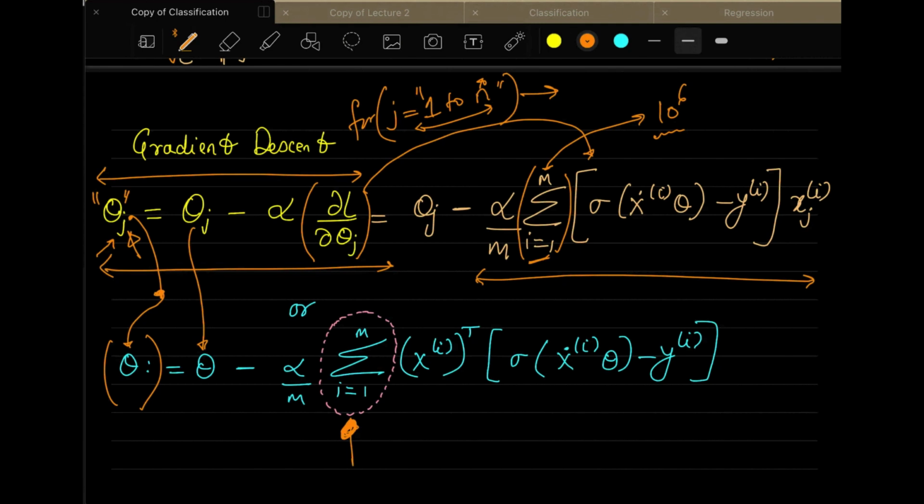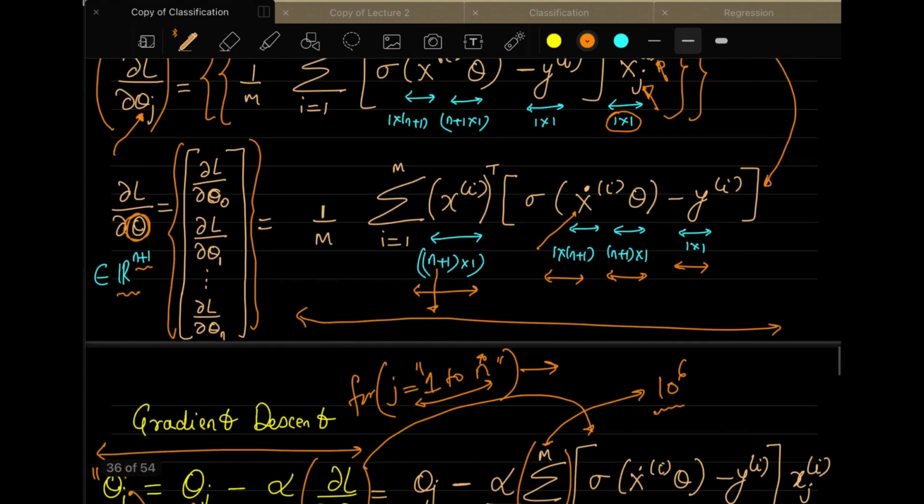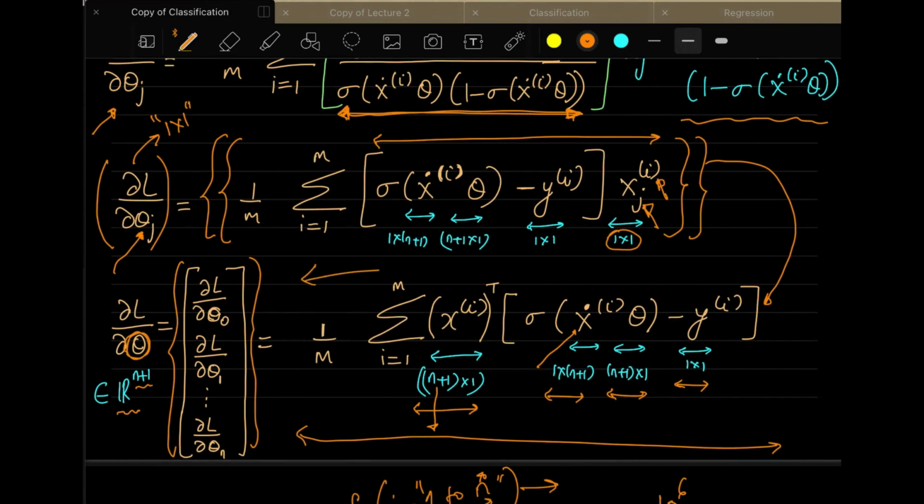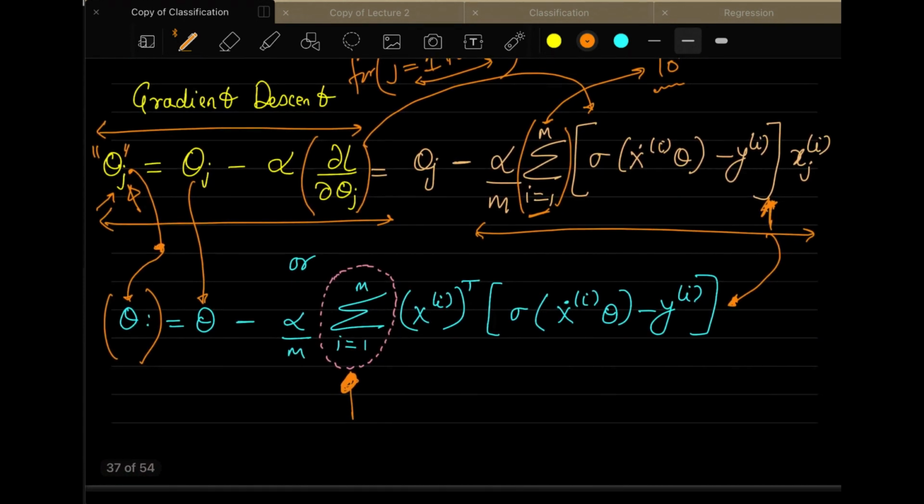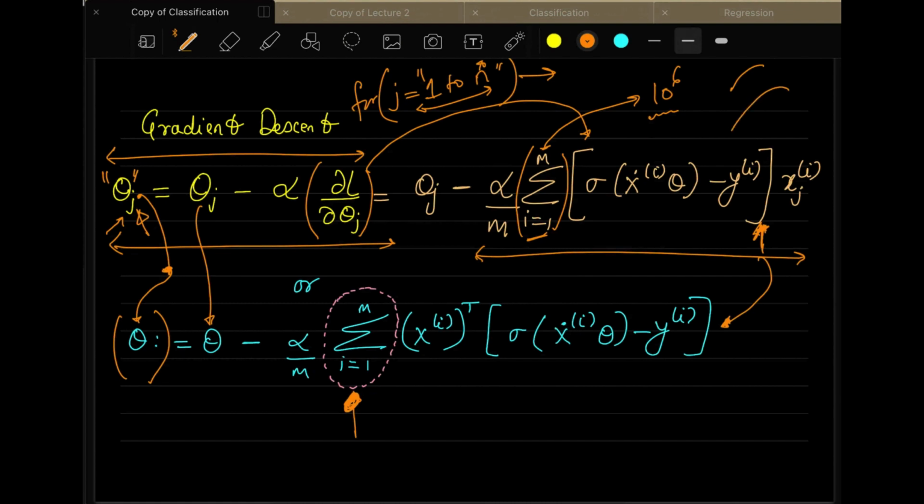So this equation at the top is the same as this equation, because I have represented it in this form here. But you observe that in the first equation we had theta j, while in the second equation it's a vector, because I have taken all the elements of x i and not j.